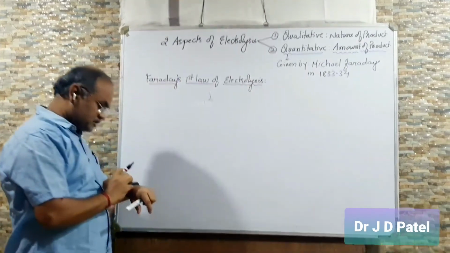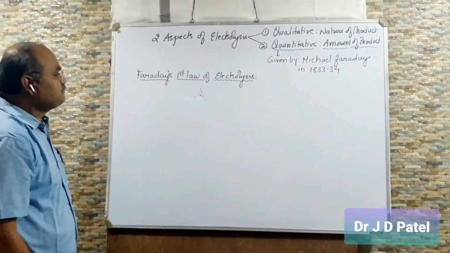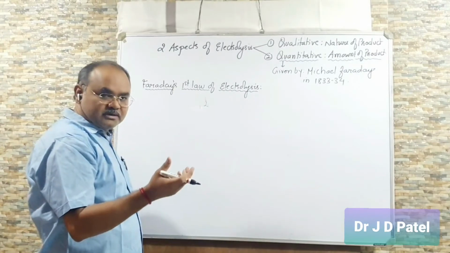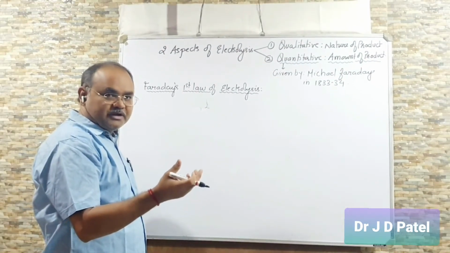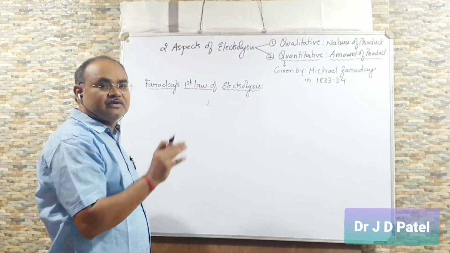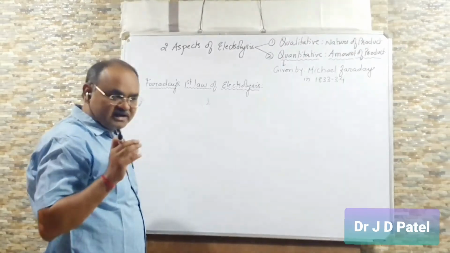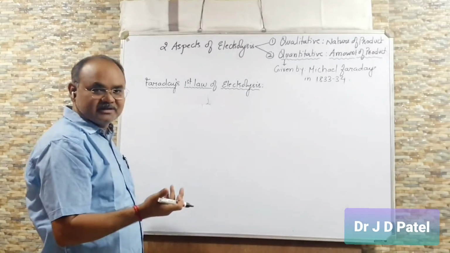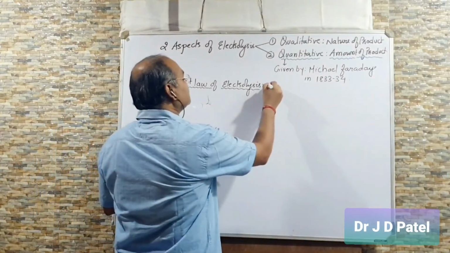So what is Faraday's first law of electrolysis? The amount of product obtained during electrolysis is directly proportional to the quantity of electric current passed. जितना करंट पास करोगे उतनी प्रोडक्ट मिलेगी, राइट? So I am writing that statement.